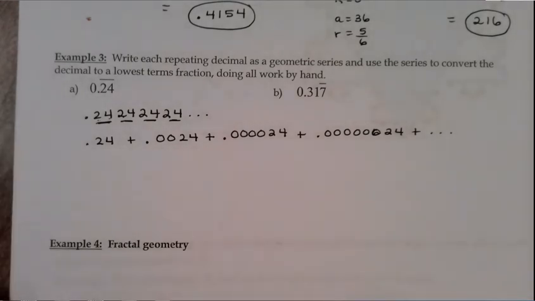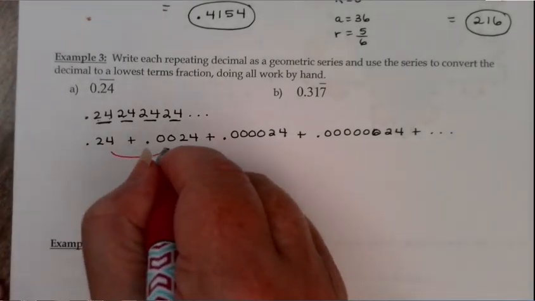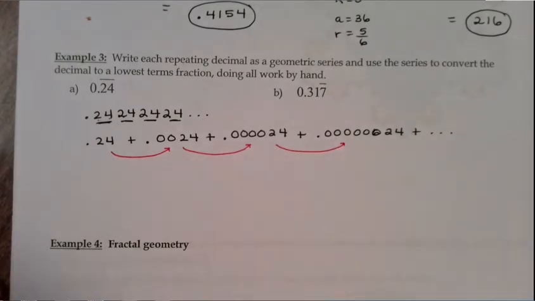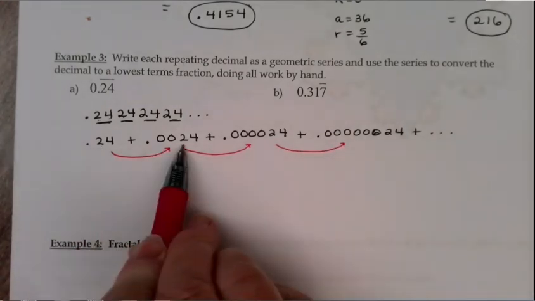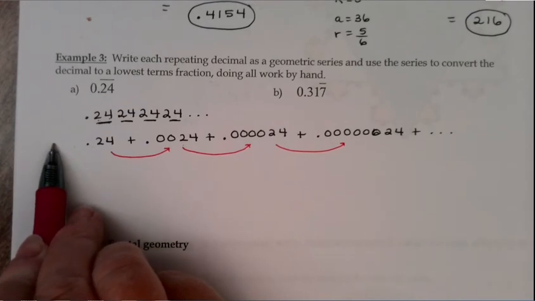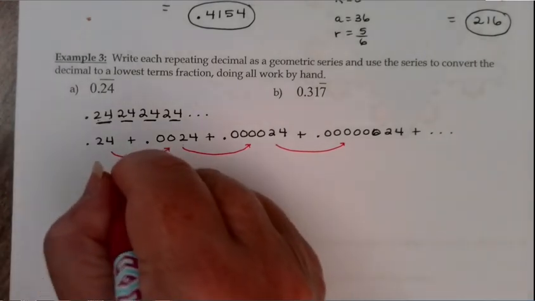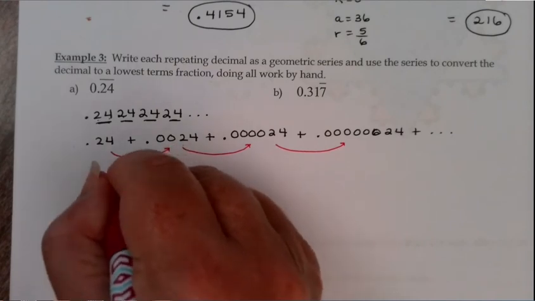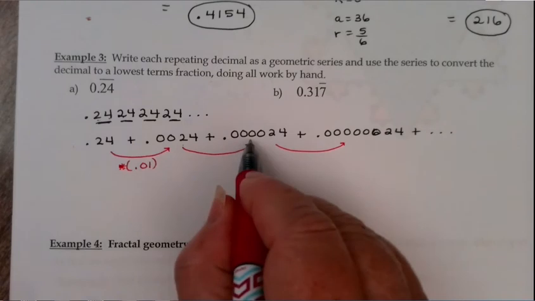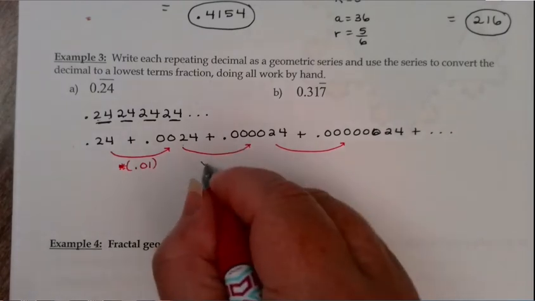All right. If you think of this as an infinite geometric series, what have we multiplied each term by to get to the next term? Well, to go from here to here, we moved the decimal left 2 places. So that's a multiplier of 0.01. And again here, we've moved our decimal back another 2 places.